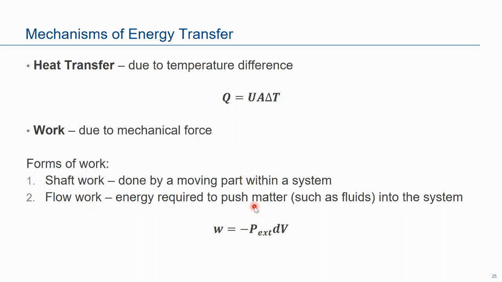So yung flow work, siya yung PV work na tinatawag, and we use the equation W equals minus P external dV to calculate this kind of work. So P external is the external pressure outside that collection of particles or yung system na tinatawag natin.